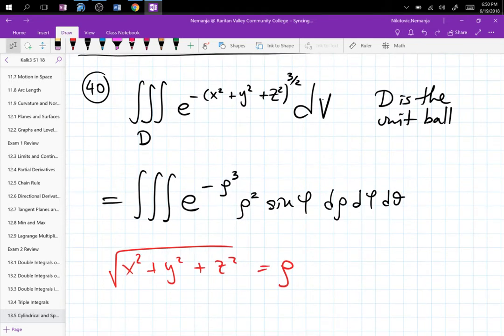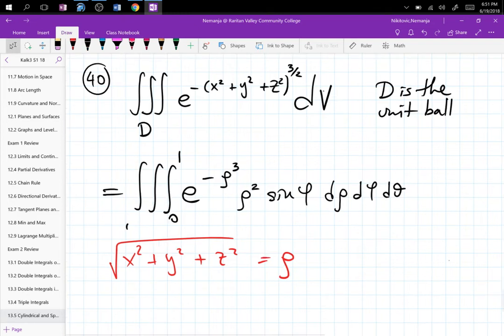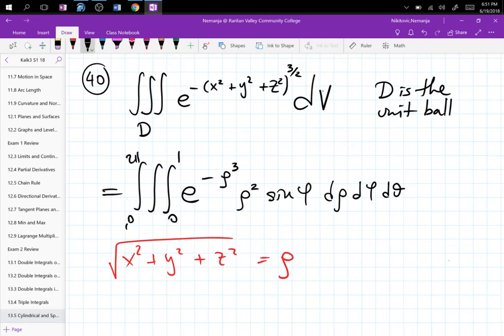Now I have the bounds for the unit ball. The unit ball has a unit radius, which means rho is from 0 to 1. Theta goes all the way around from 0 to 2 pi on the outer integral, and then 0 to pi for the inner. And the entire problem is solved.